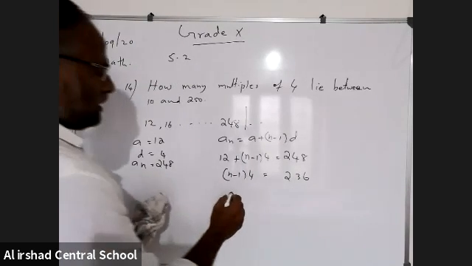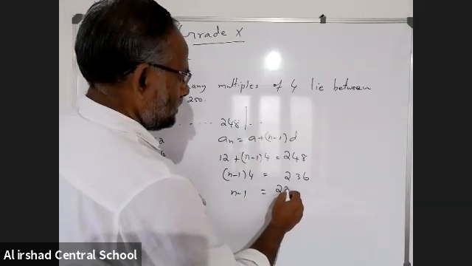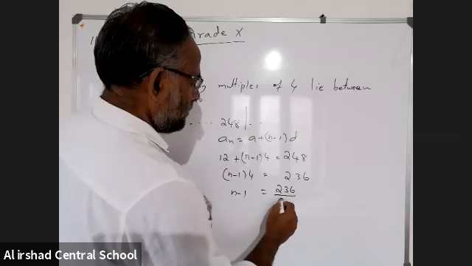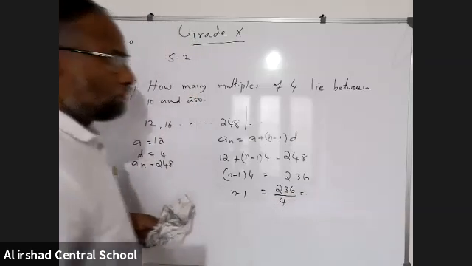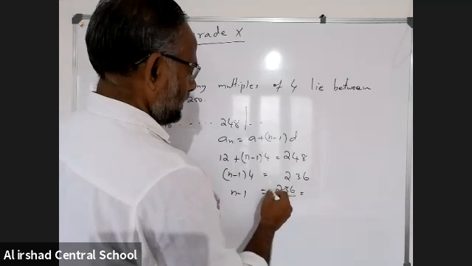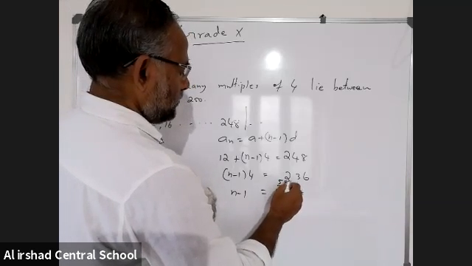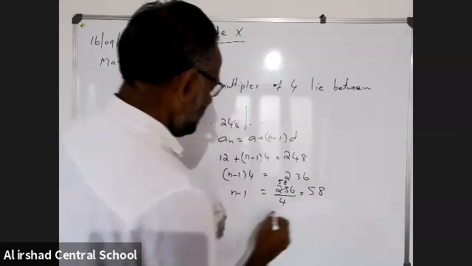Now we can divide. So N minus 1 is equal to 236 by 4. That means 5 fours are 20. You can cut, 5 fours are 20. Then 8 fours are 32. So you are getting 58.